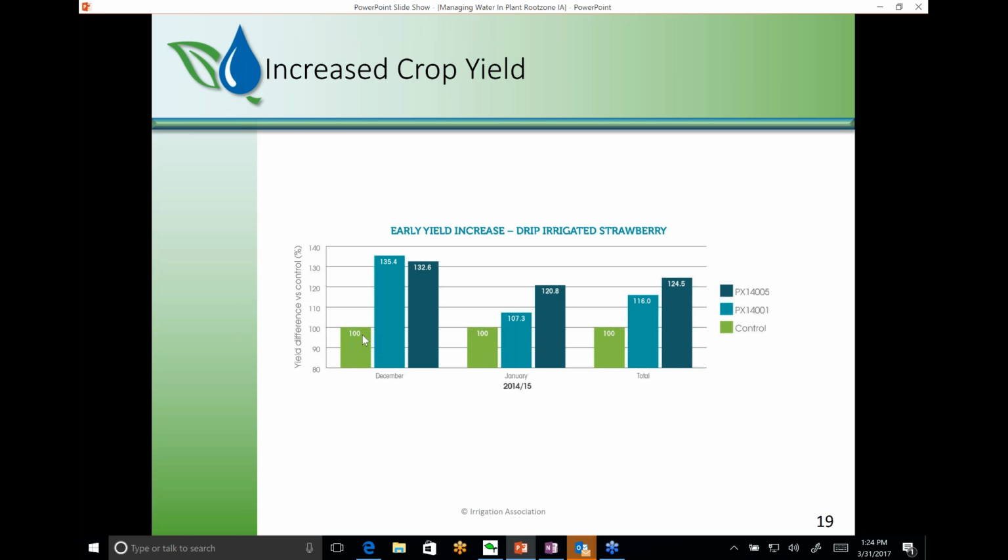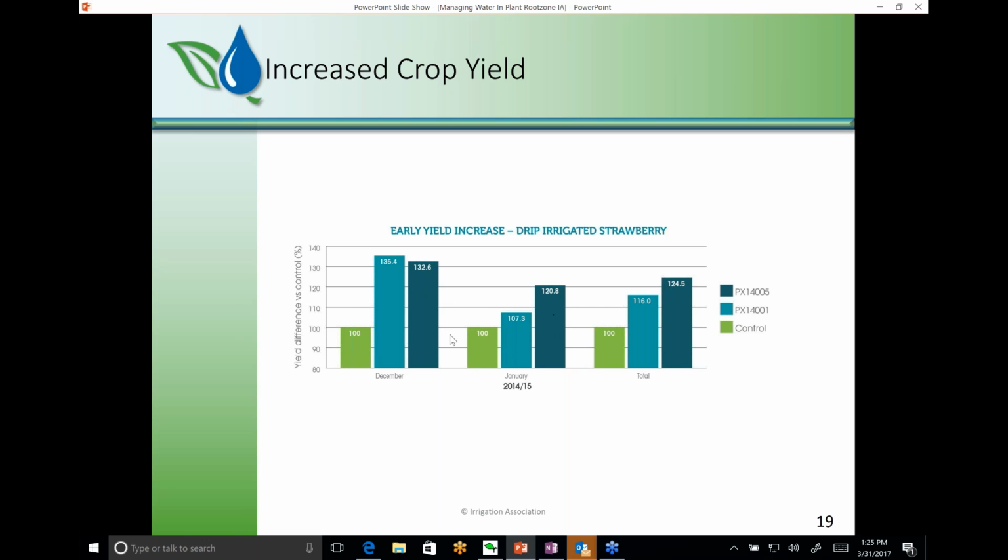They just wanted to ascertain what effect water management chemistries would have on their yields. So if you look in December at the grower's standard, which was 100, we produced a 35% increase over the grower's standard with our synthetic product and about a 33% increase with our plant-based product.